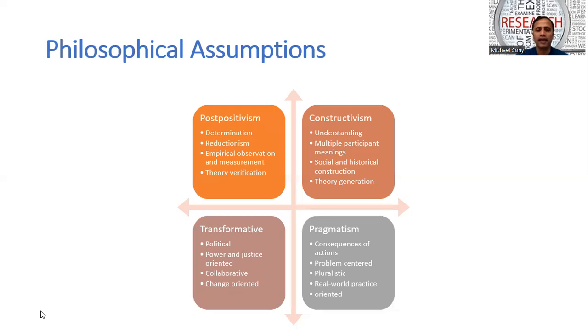The third type of philosophical assumption is transformative. In transformative, the assumption is that knowledge can be used to empower or suppress individuals. When knowledge has the power to oppress or empower individuals, it can lead to power.